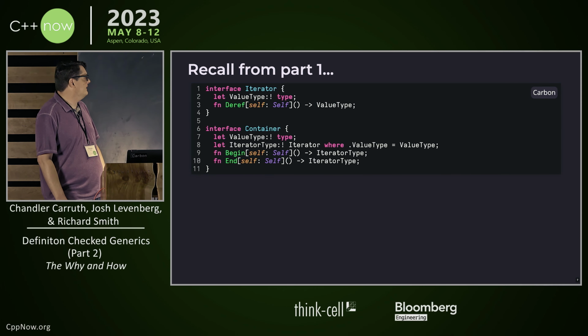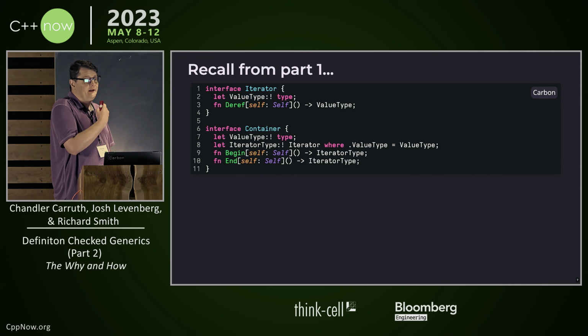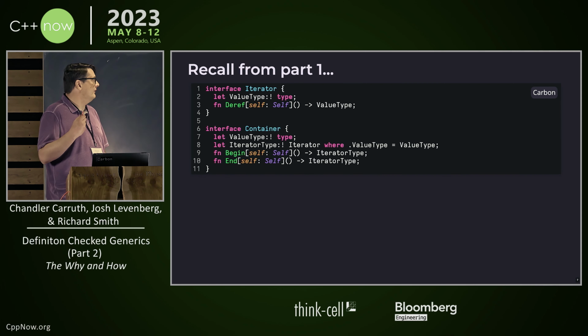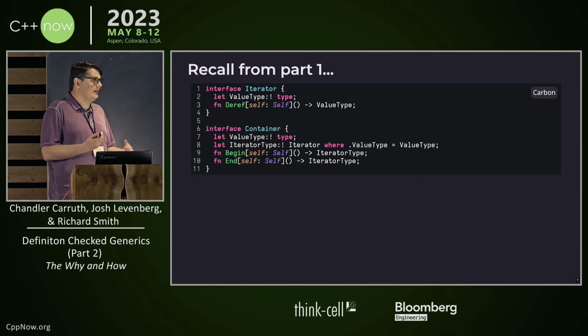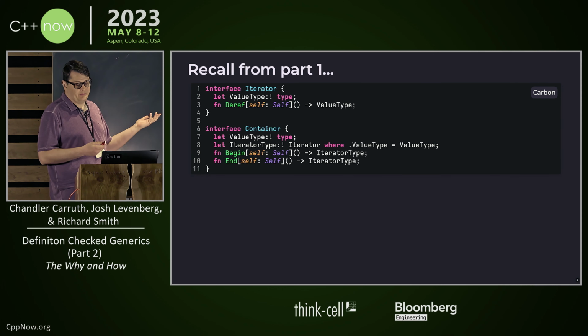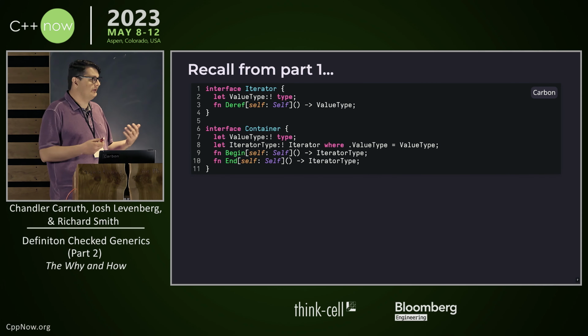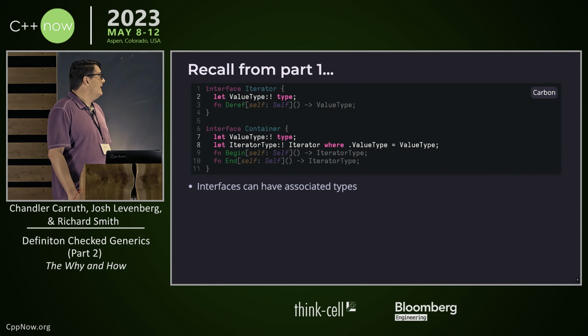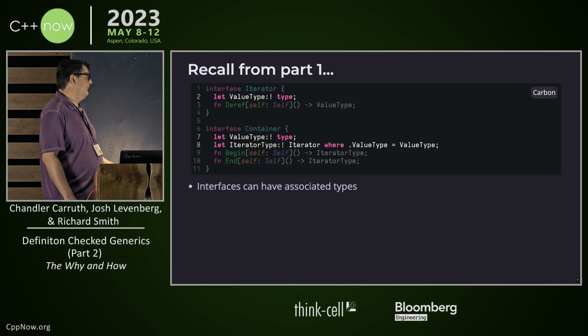So in part 1, we saw that we have interfaces. And interfaces describe constraints on a type. And in other languages than Carbon, these might be called concepts or traits or protocols, but the idea is the same. We're describing a set of constraints on a type. And interfaces can include types themselves.